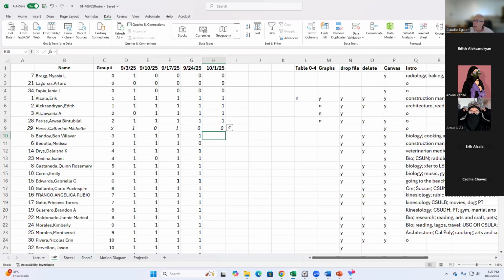Ben Bandoy. You plot all the 3 graphs, Ben? Yes, okay, good. Did you enter the slope values in table 0-4? Yes, okay. So how much percentage difference did you get for each one?